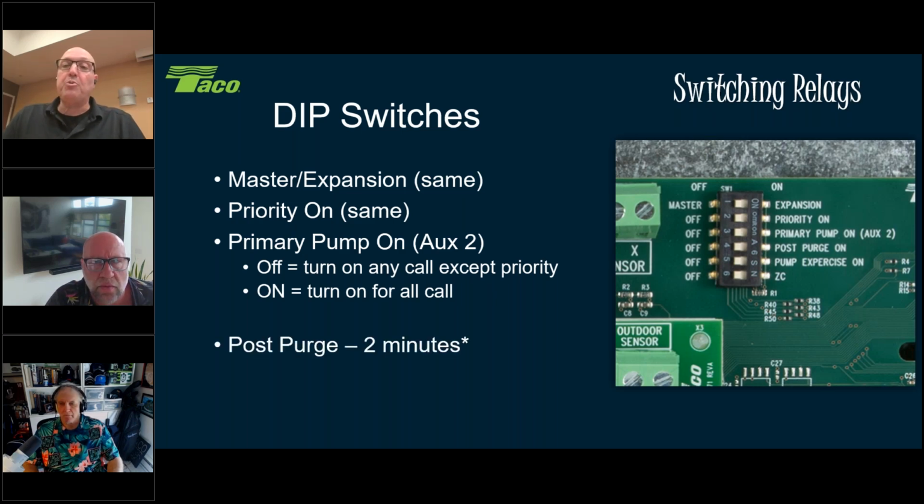Now, the next dip switch here, we have our post purge. Now, post purge means last heating call turns off, it's going to keep that zone running. No, I'm sorry. What it's going to do is if you had priority on, it will make zone 1 run for 2 minutes and extract any BTUs out of your boiler and dump it into the indirect.